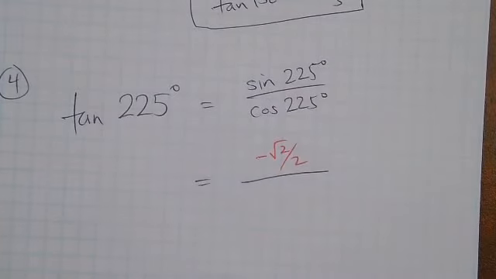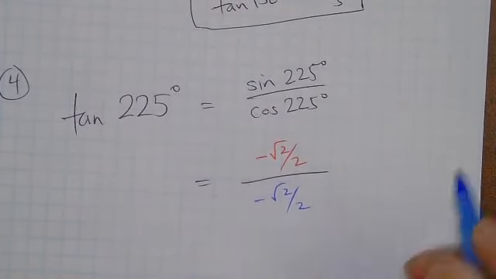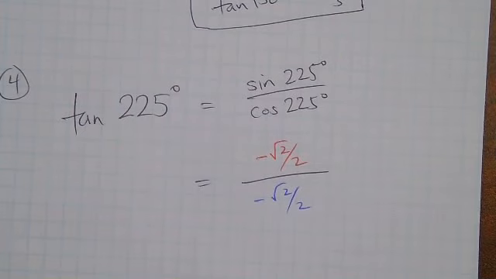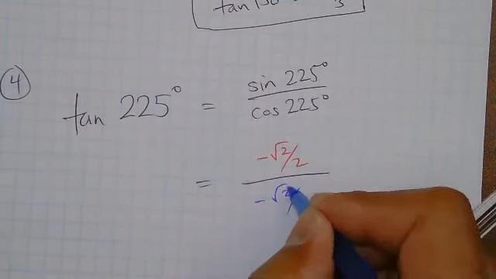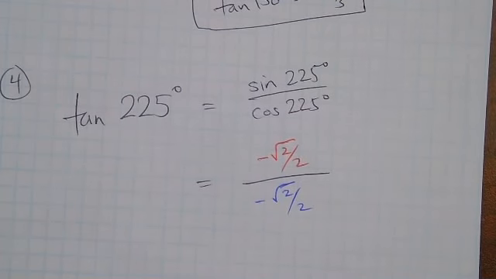Anybody notice anything about 225 degrees? It's negative the square root of 2/2 divided by another negative square root of 2/2. What's going to happen there, everybody?